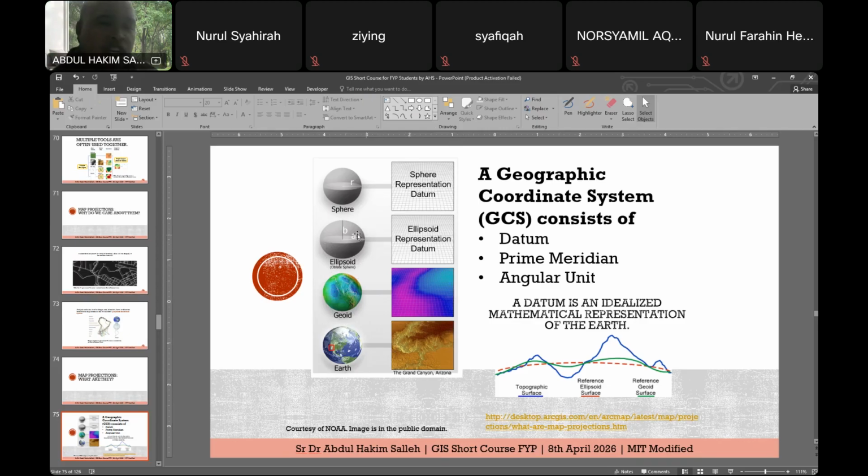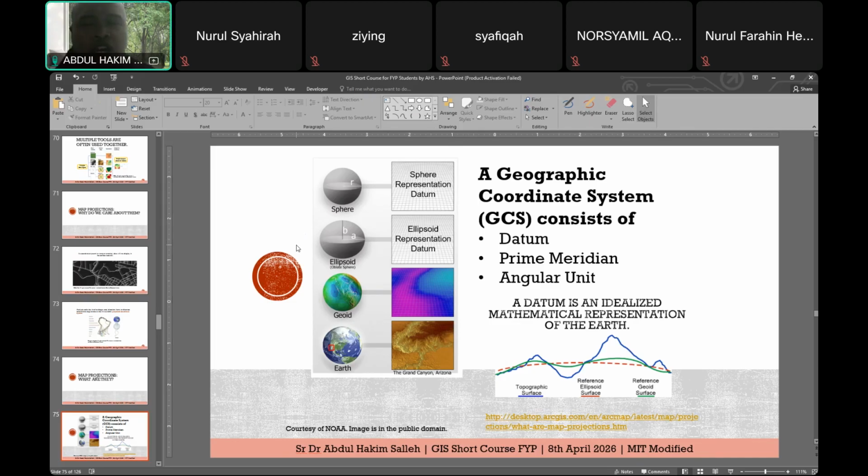The ellipsoid here is one of the most perfect mathematical representations, but it has a lot of faults too. Okay, because the Earth cannot be assumed. The Earth is active. Even every continent is actually moving.